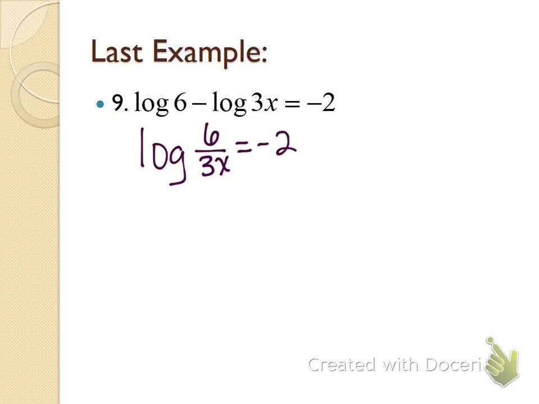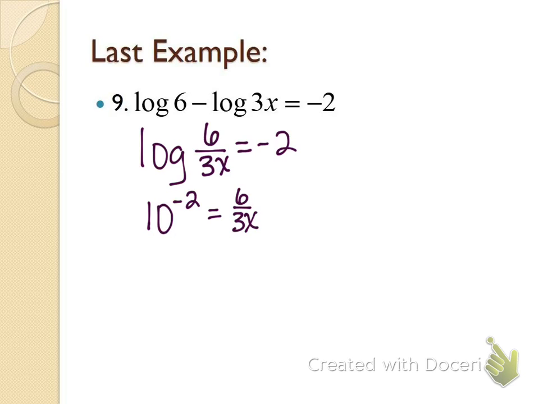Okay, now we go to exponential form. My base, 10, my exponent, -2 equals 6 over 3x. Not pretty, but it's not awful. Next thing, let's deal with that 10 to the -2nd power. Anytime I see a negative exponent, I should know that it's going to end up being a decimal or a fraction.